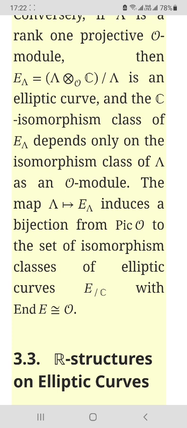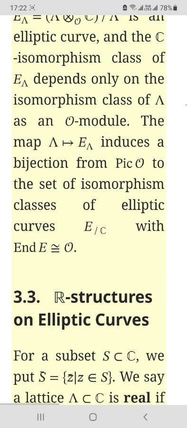So lambda tensor C over lambda, under the basis of the order O, is an elliptic curve E_lambda. Then the isomorphism class of E_lambda over C depends only on the isomorphism class of lambda as an O-module. So lambda can be viewed as an O-module.